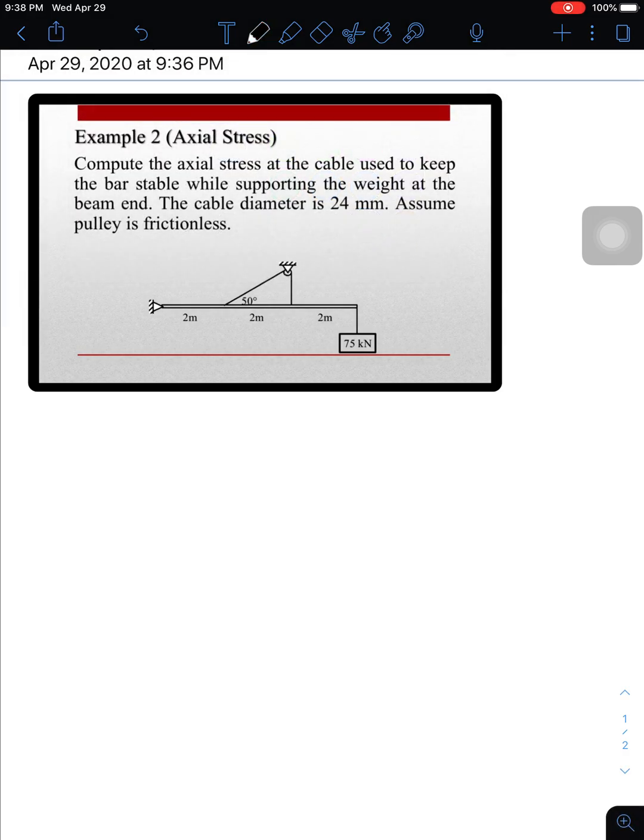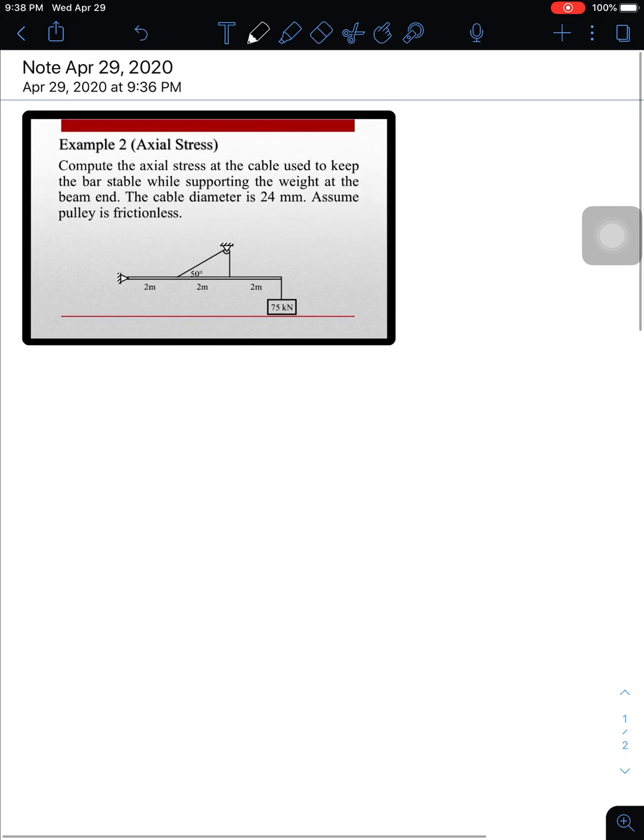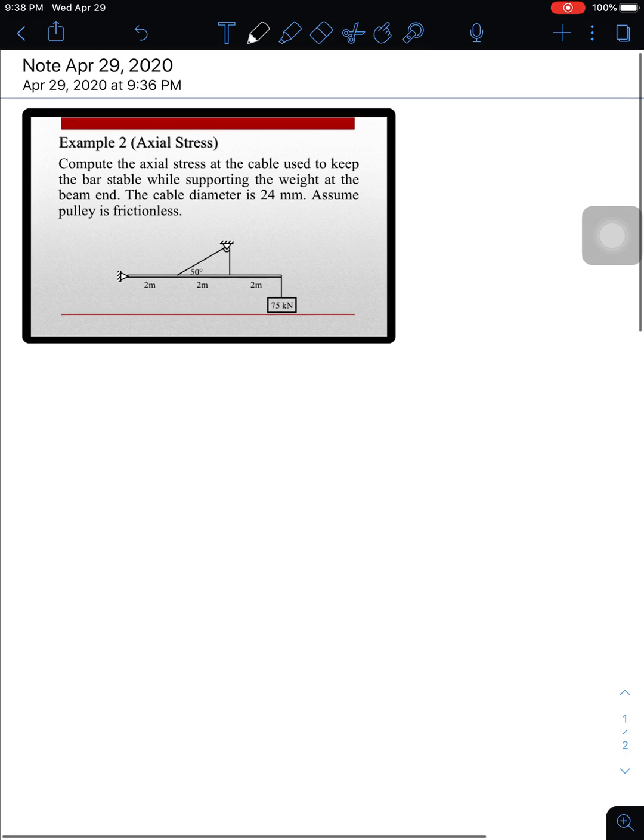I know you have learned so many things about your statics. So first, let us draw the figure again. Let me repeat. Let's draw the figure.